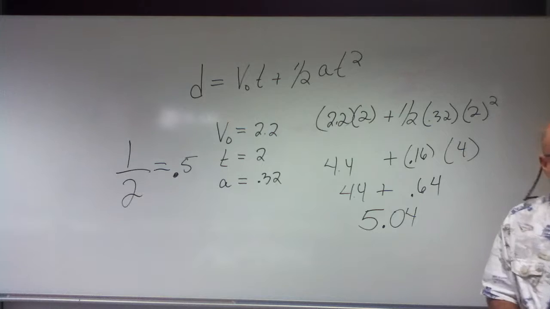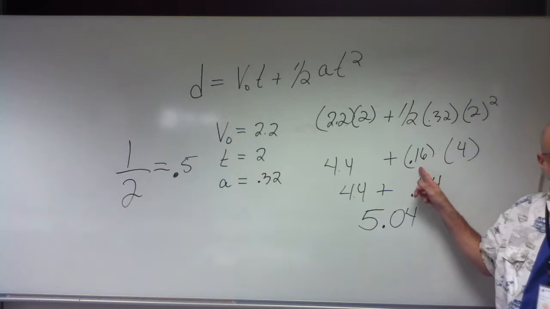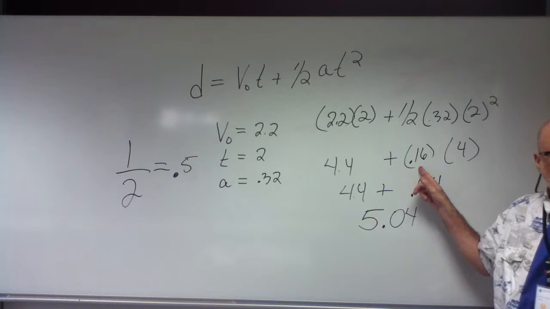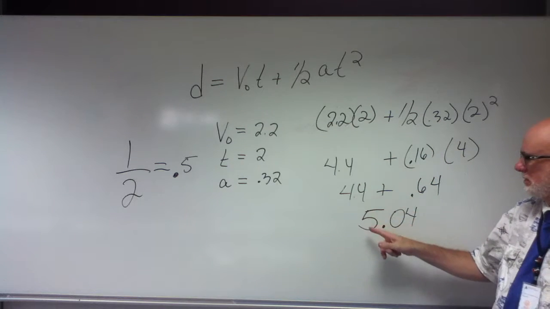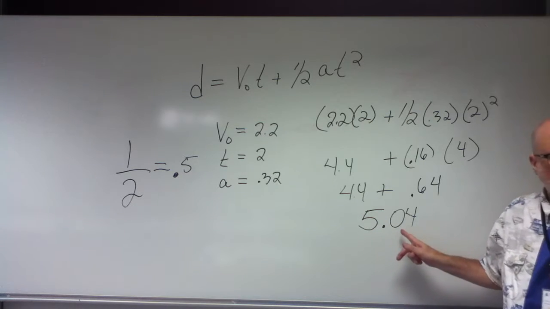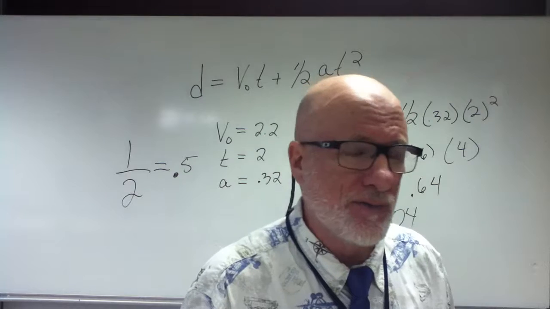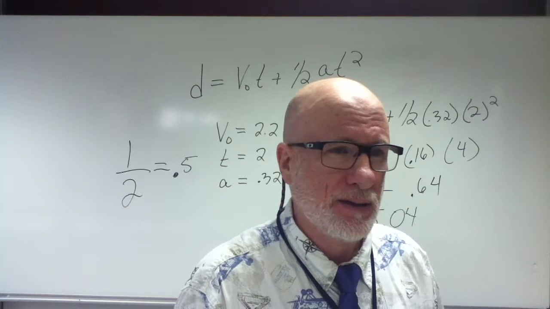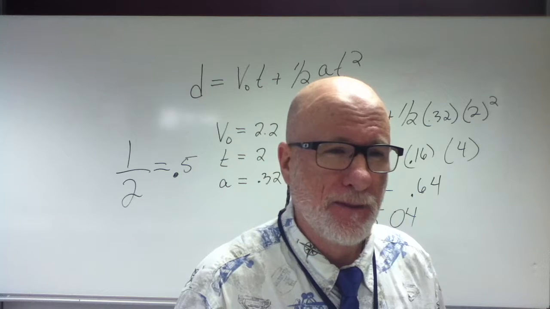Why am I dividing it by 2? I already divided 0.32 to get 0.16. Yeah, but is 5.4 the answer? 5.04. Do you have a calculator? Yeah, then I divided it by 2. Why did you divide it by 2 at the end? Because the other number was too big.